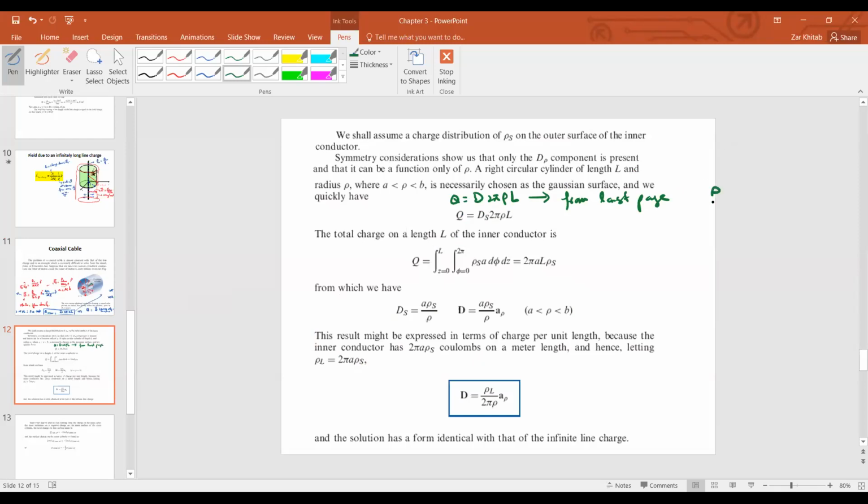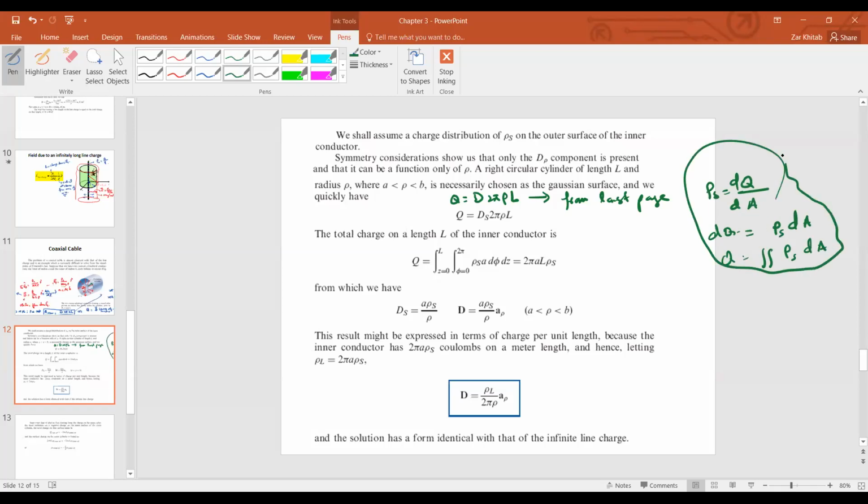Surface charge is charge divided by area. If it is differential charge, you have differential area. So dq equals rho S dA, and charge is equal to the integral of rho S dA, right?